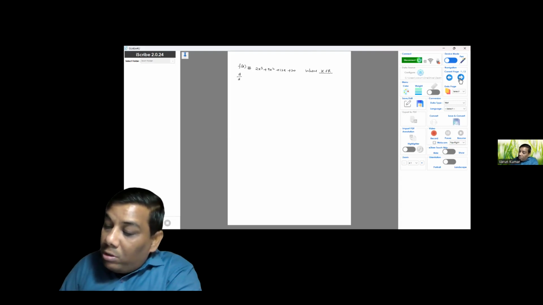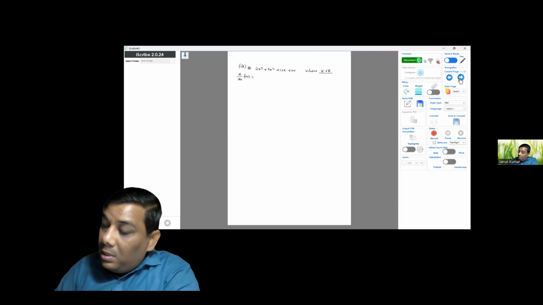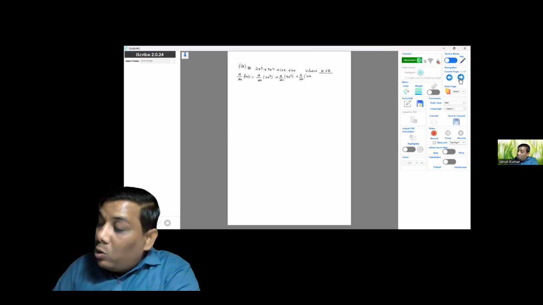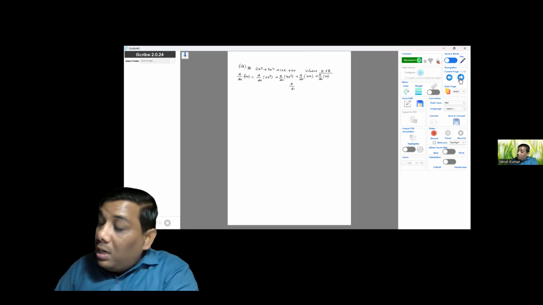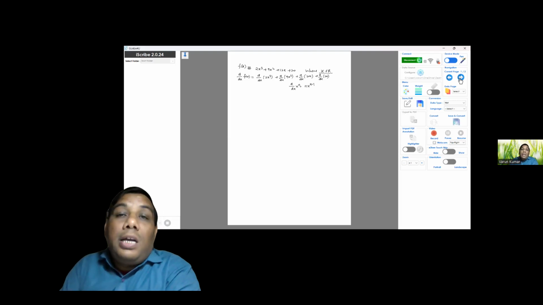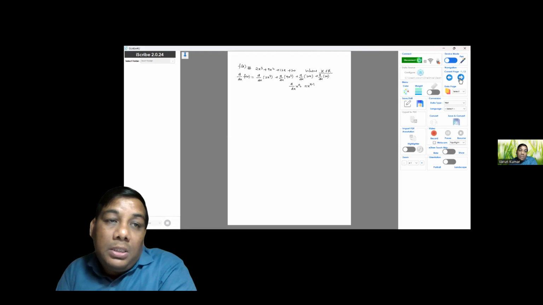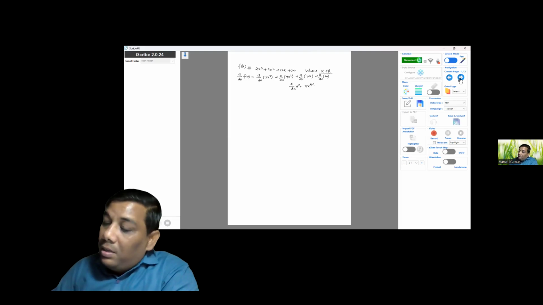We have to find the derivative d/dx of f(x). This is d/dx of 2x^3 plus d/dx of 9x^2 plus d/dx of 12x plus d/dx of 20. Use d/dx of x^n equal to n x^(n-1).